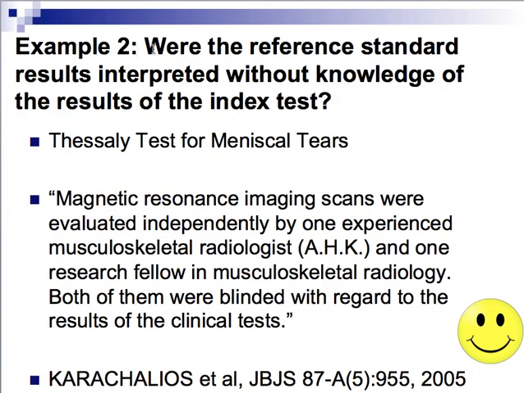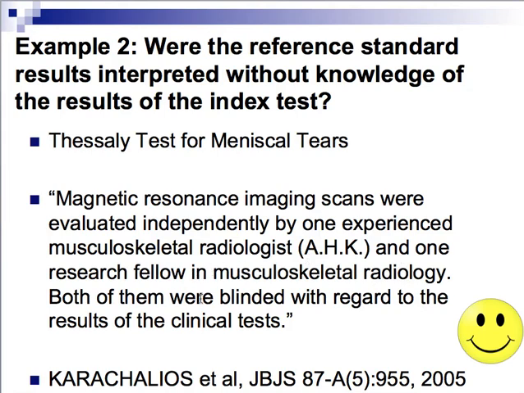Example 2 is: were the reference standard results interpreted without knowledge of the results of the index test? This has to do with blinding again, and we know that if they know what the index test result is before they look at the person's knee, they may be biased to try to make them match. Here in this study about the Thessaly test, we see that magnetic resonance imaging scans were evaluated independently by one experienced radiologist and one research fellow in musculoskeletal radiology.